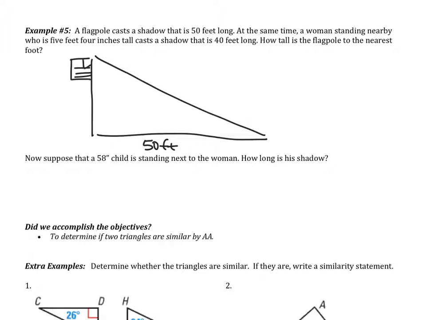At the same time, a woman is standing nearby who is 5 feet 4 inches. So here's our woman. She's 5 feet 4 inches, and she casts a shadow that is 40 feet long. The question is, how tall is the flagpole? And they want it to the nearest foot. Ideas.